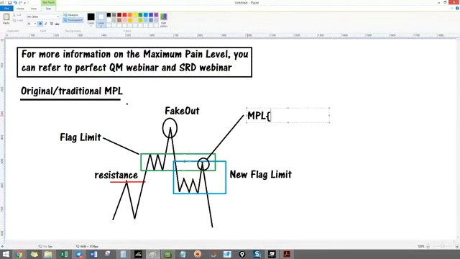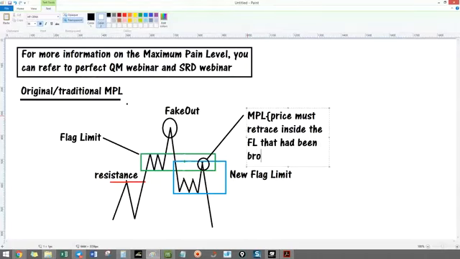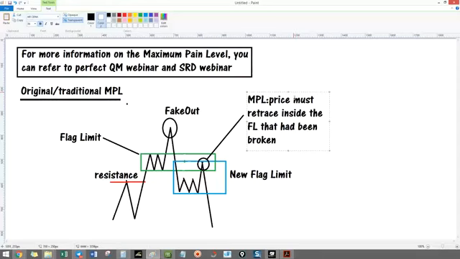MPL. Price must retrace inside the FL that had been broken to be an MPL.